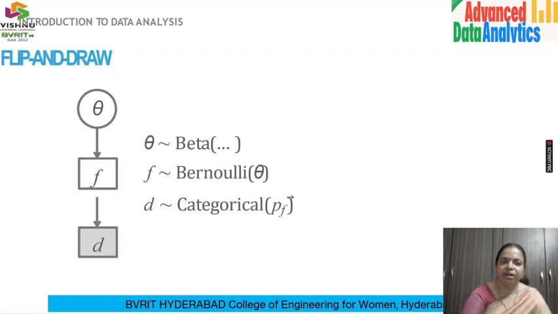Next is the flip and draw model, where theta is the beta value, f is the Bernoulli function, and d is the categorical data. Based on theta and the Bernoulli function, we can categorize our data into a particular classification or group.